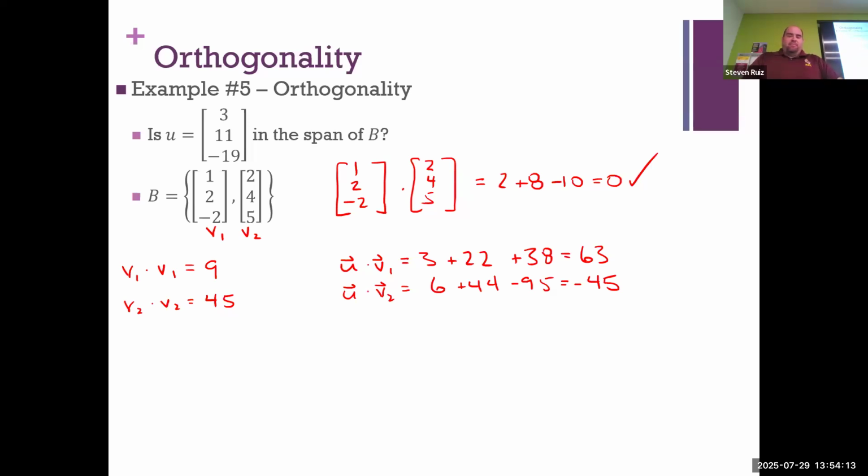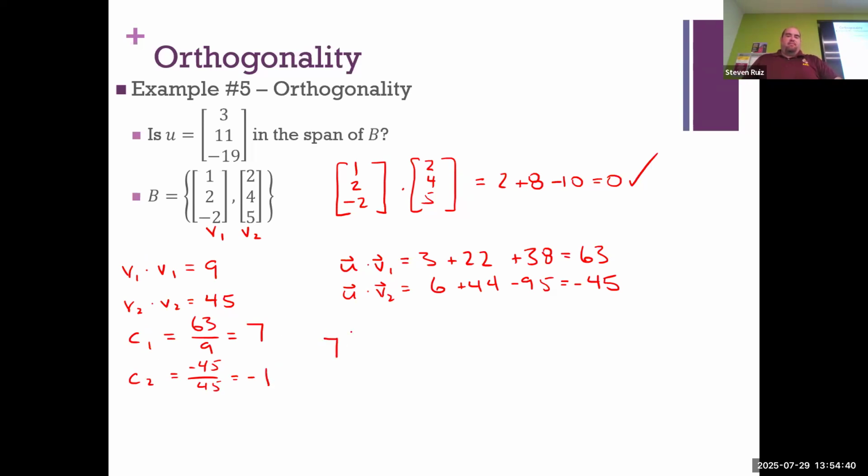So what should I do with them? So what is C1 going to be? 63 over 9, 7. And then minus 45 over positive 45 is negative 1. So here's what I found.